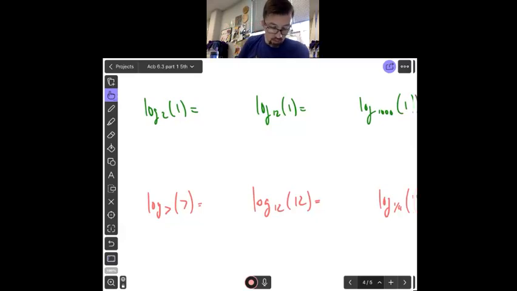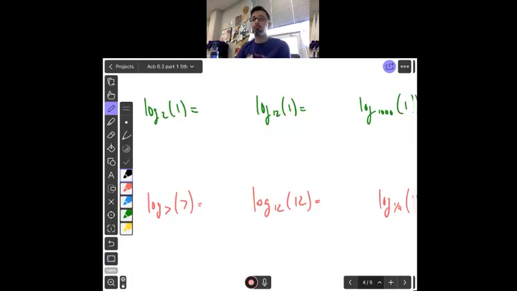Kayla, what does log base 2 of 1 mean? Okay, Cole, what does log base 2 of 1 mean?